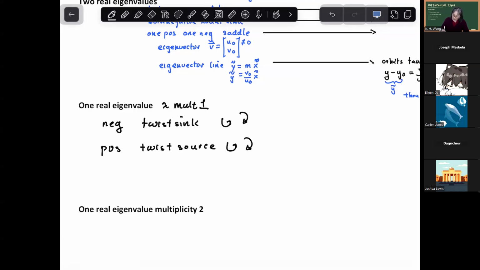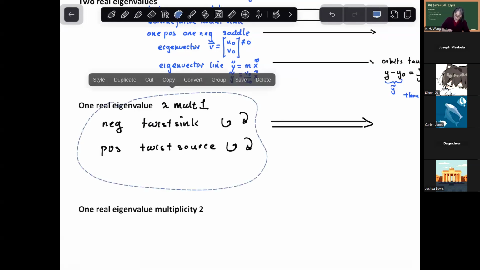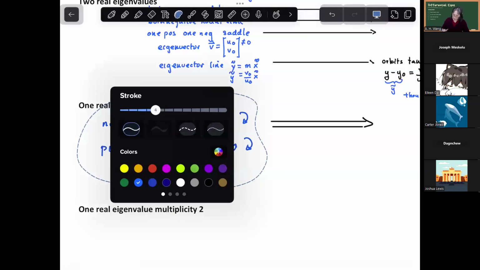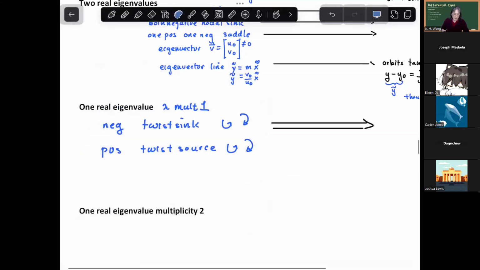Okay, so you want to write it down. And then similarly over here, I should go ahead and make this blue. So this is going to be the linearized system.